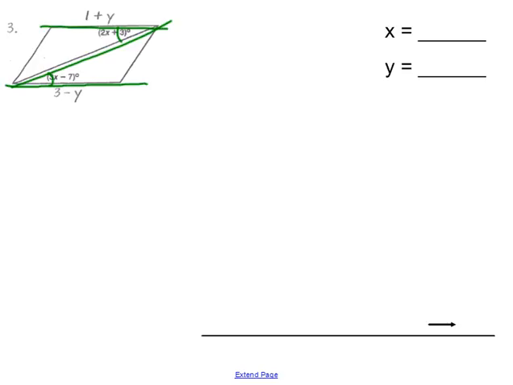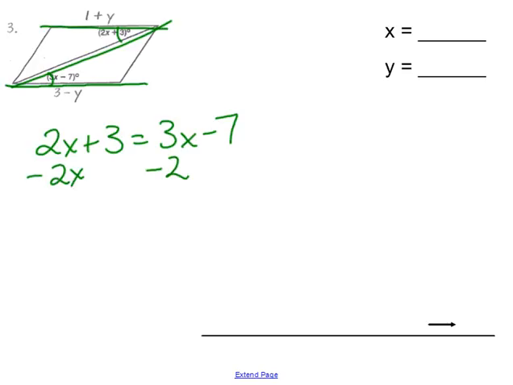So let's solve for x first using those angles. 2x plus 3 equals 3x minus 7. Okay, let's take away 2x. 3 equals x minus 7. Plus 7, plus 7, x equals 10.